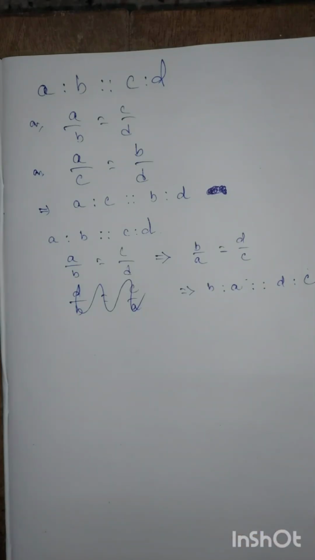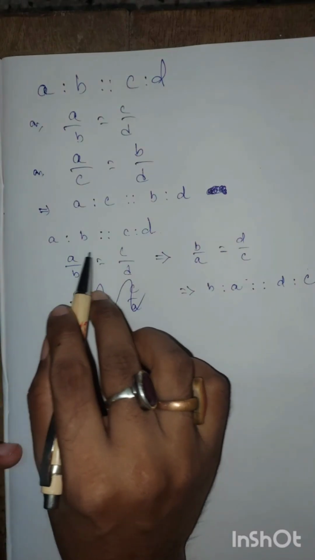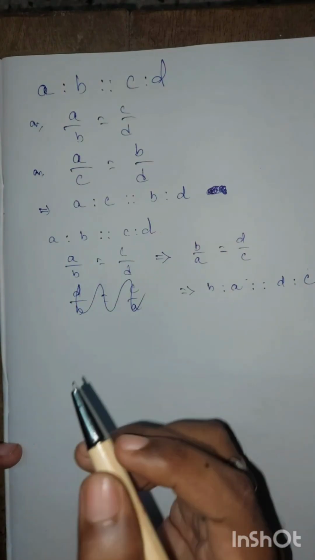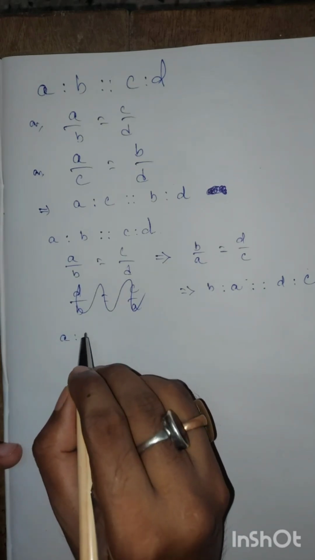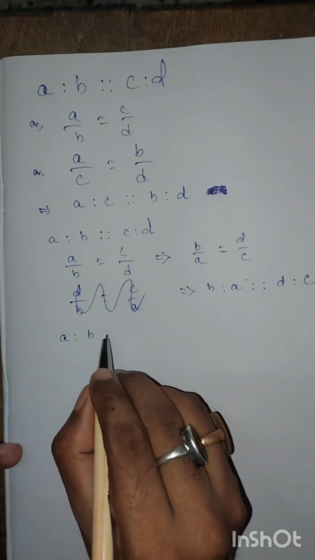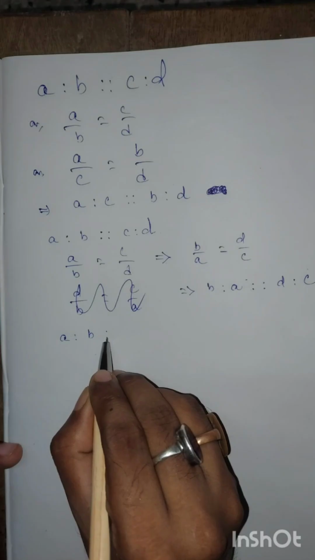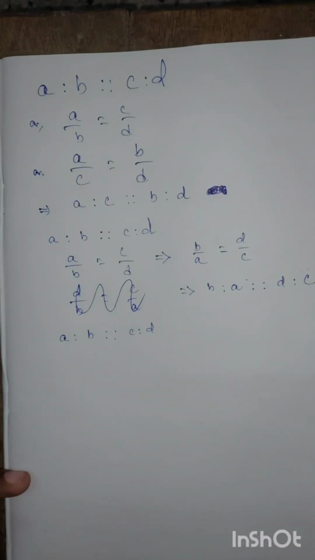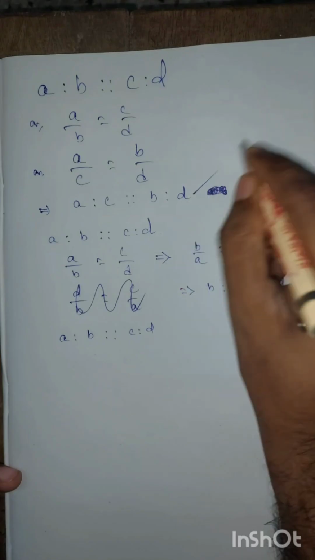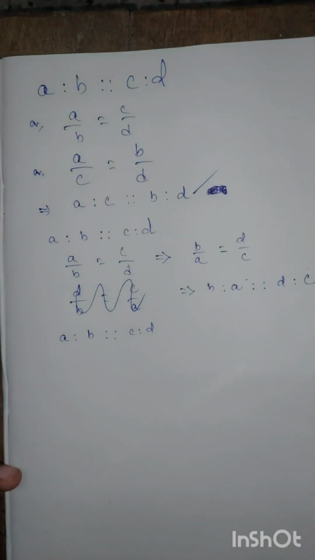So b, a, d, c are also in proportion. So this is our one conclusion, this is our second conclusion.